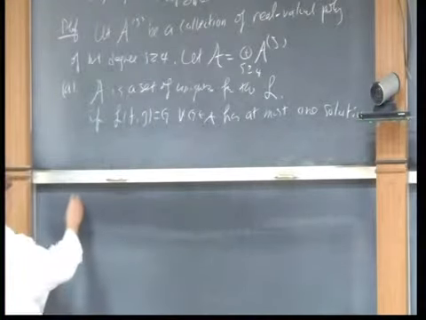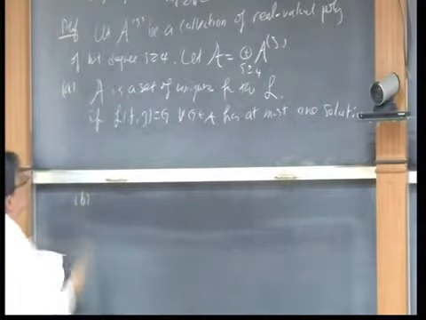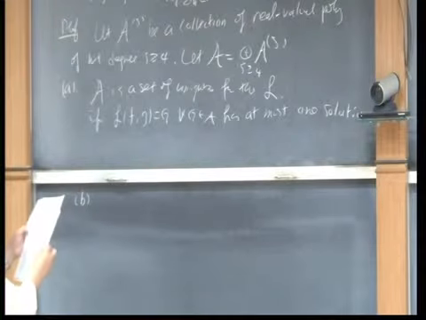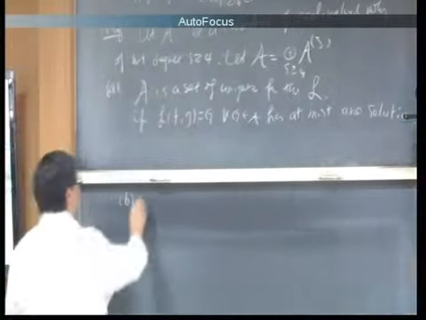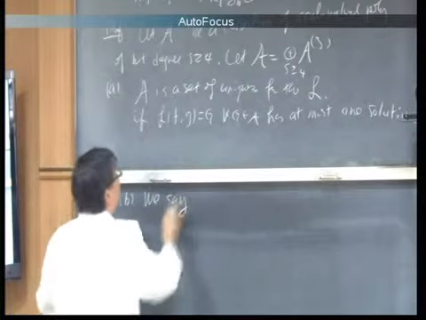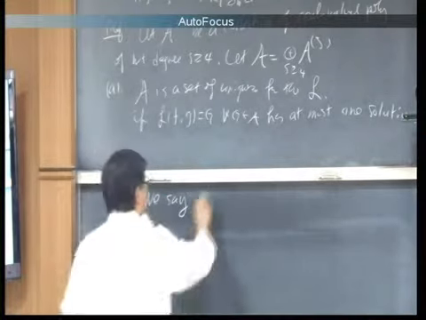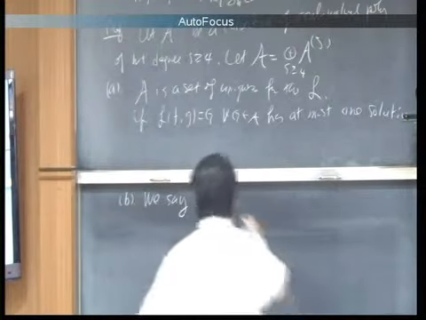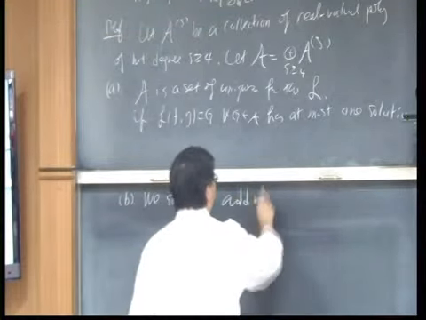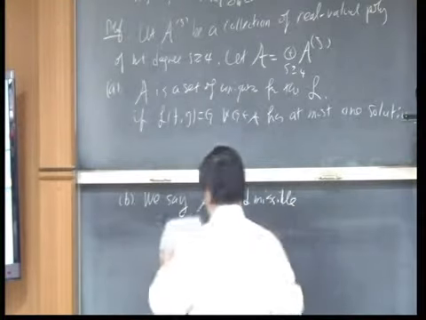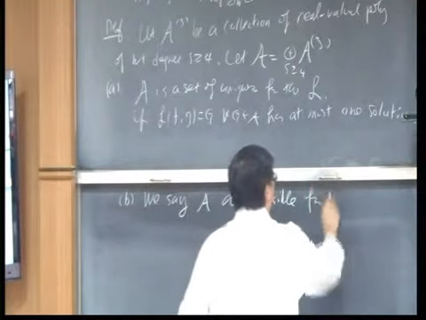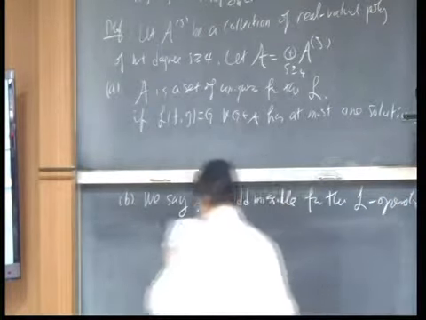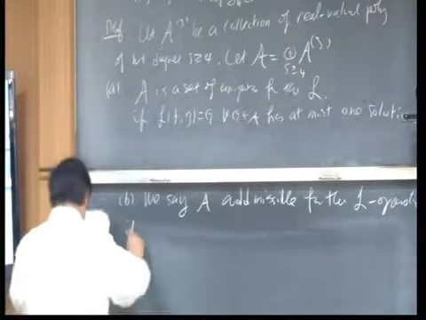The second part says A is admissible. I think I'm confused about this for the L operator.